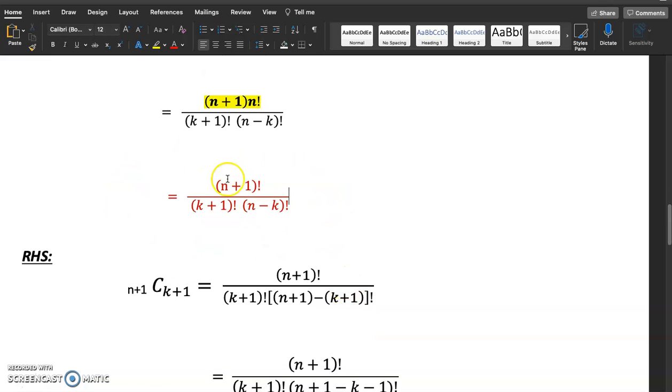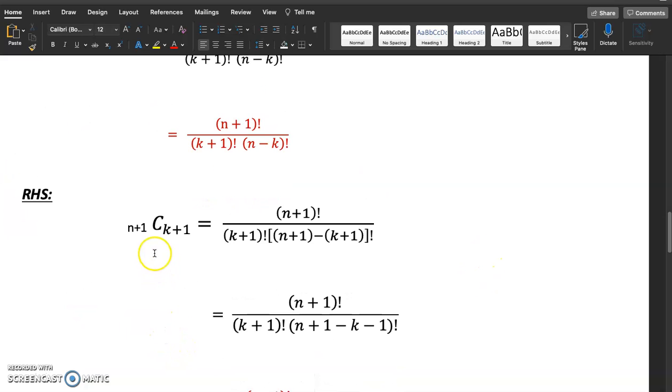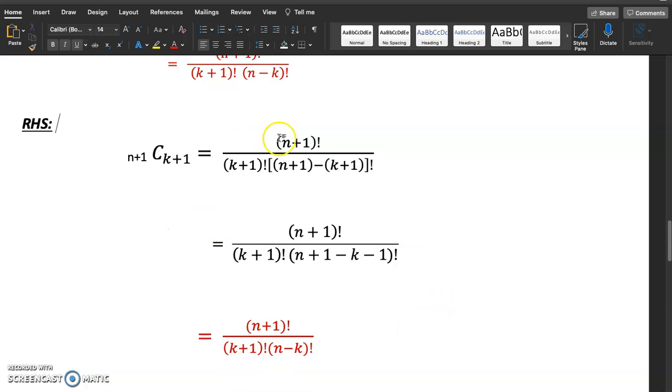Now that we have solved the left-hand side of the equation, we'll go to the right-hand side. The right-hand side of our equation is n plus 1 choose k plus 1, which is equal to n plus 1 factorial on the numerator over k plus 1 factorial times n plus 1 minus k plus 1 factorial. In the next step, we're going to distribute this negative times k and times 1.